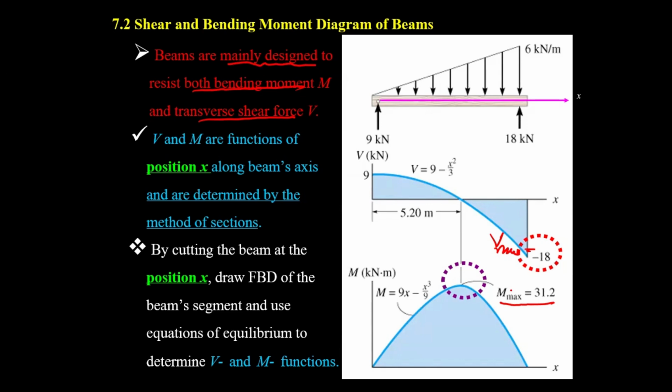Therefore, this will link to another subject called mechanics of materials. In this subject, we only draw the shear and moment diagram based on the shear and moment functions. In the next course, we should be able to design the beam.